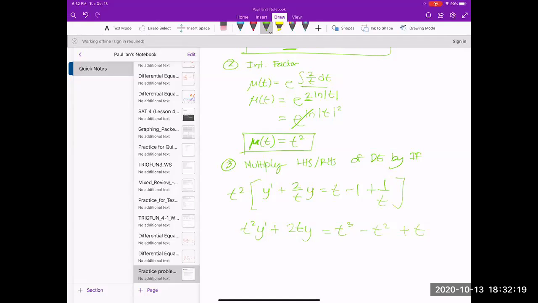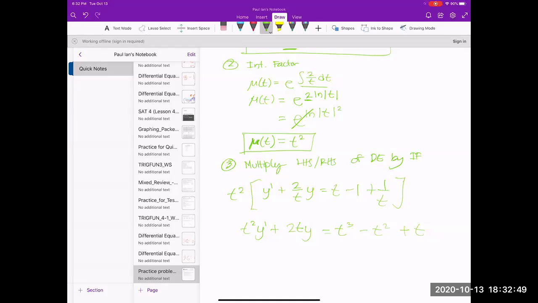Okay, so t squared y prime plus t squared 2y over t equals t squared t minus t squared 1 plus t squared 1 over t.